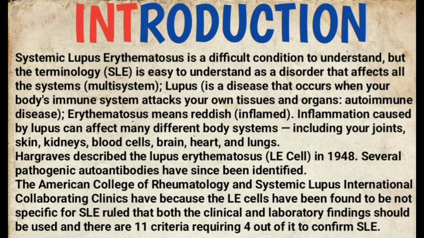The American College of Rheumatology and Systemic Lupus International Collaborating Clinics have ruled that, because the LE cells that were formerly thought to be specific have been found to be non-specific for SLE, both the clinical and laboratory findings are now to be used, and there are 11 criteria requiring 4 out of these 11 to confirm that somebody has SLE.